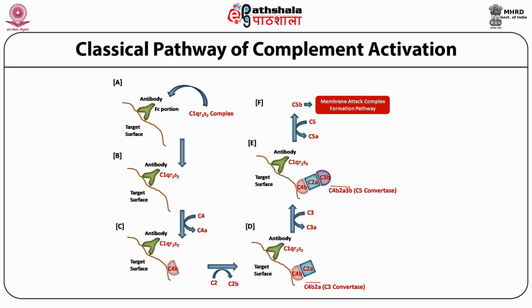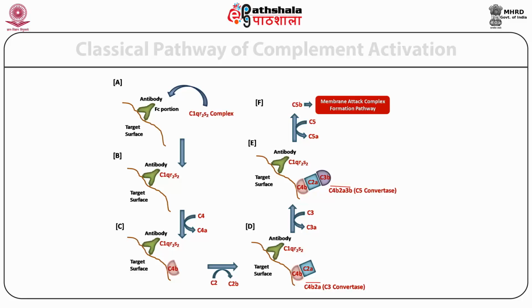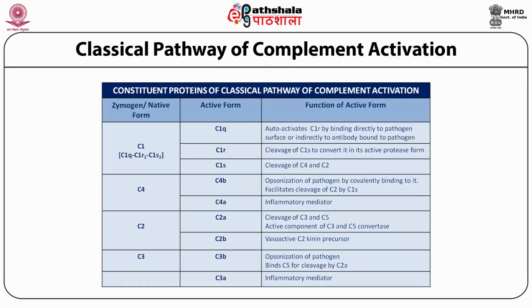The C3b thus generated binds to the C4b2a complex, giving rise to the trimolecular C4b2a3b complex, which is termed C5 convertase. C5 is cleaved by C5 convertase to C5a that diffuses away and C5b, which binds to C6 and starts the membrane attack complex formation. Various proteins involved in the classical pathway of complement activation are listed here.